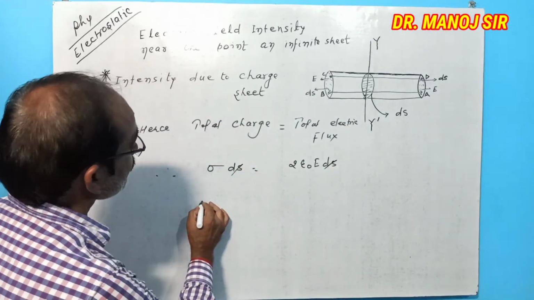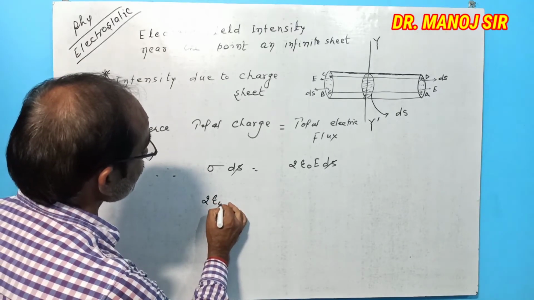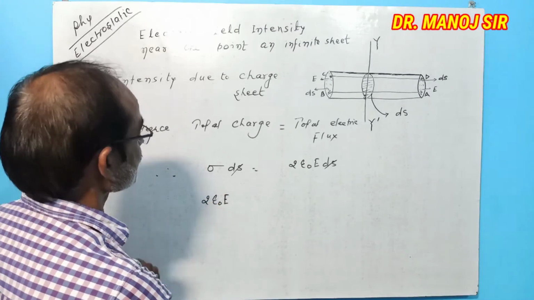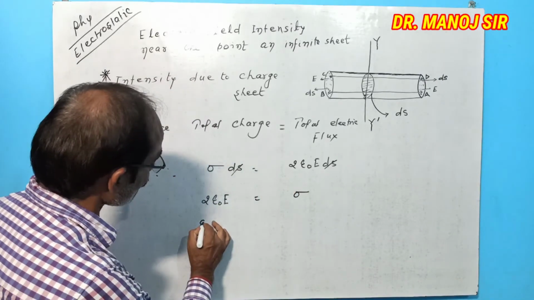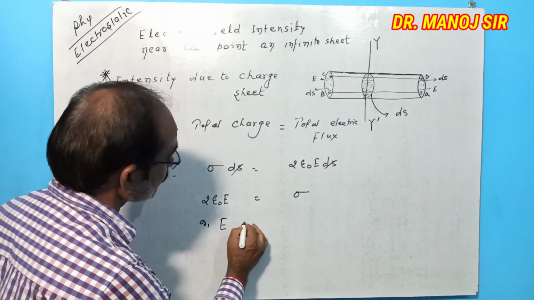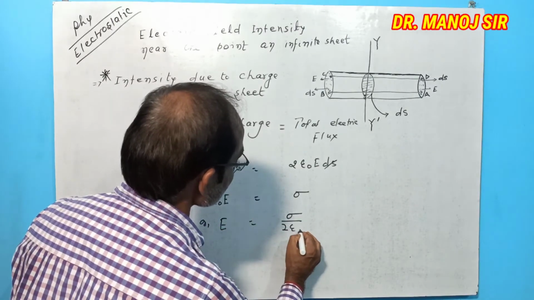Here 2 epsilon naught E equals sigma, or E equals sigma upon 2 epsilon naught.